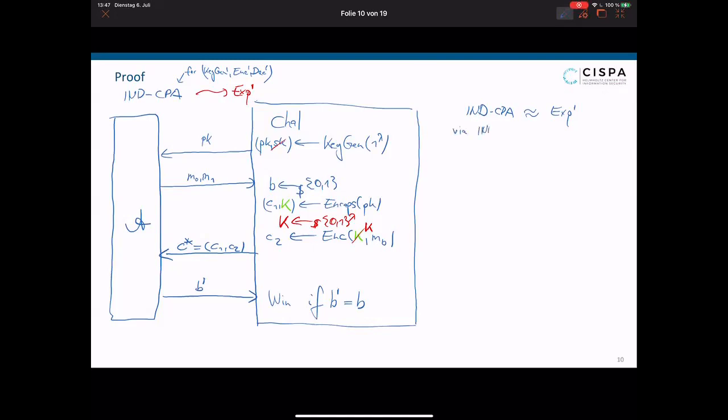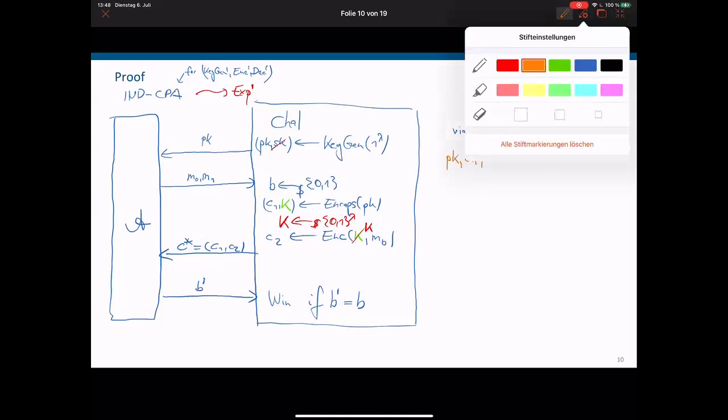Via IND-CPA security of the KEM, right? And the way we do this, again, is, let's say, in the IND-CPA experiment of the KEM, someone gives us a public key, let's call it C1, and a K star, right?